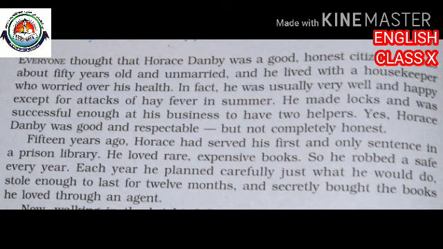And 15 years ago, he had served his first and only sentence in a prison library. And here, what was his passion? He loved rare but expensive books. For that, he stole a safe every year.